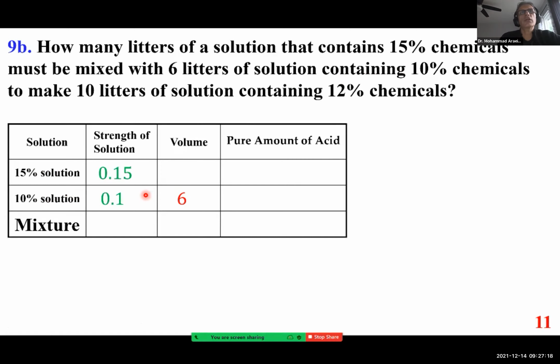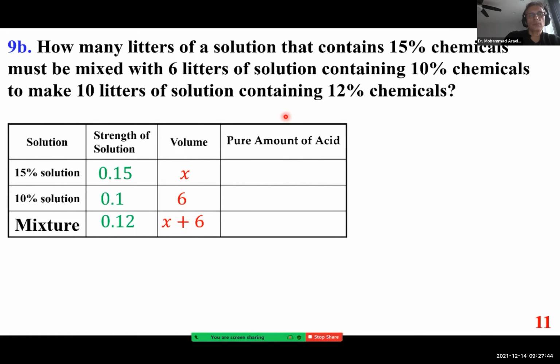The mixture is 12%, and how much of this one we don't know is X. So this is 12%. How much of the first one we have no idea is X. But remember, they are constant, so they add up, and this becomes X plus 6. Or you can say Y if you want to go with the system, and therefore X plus 6 becomes Y.